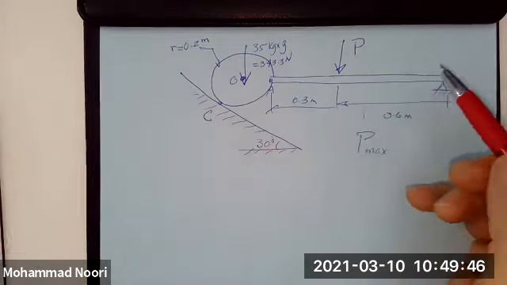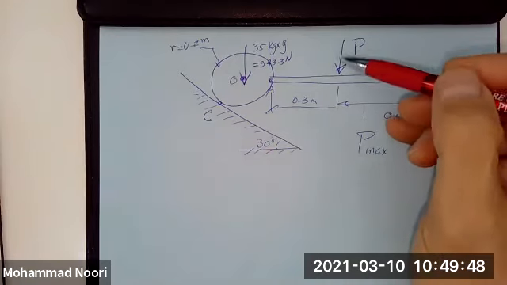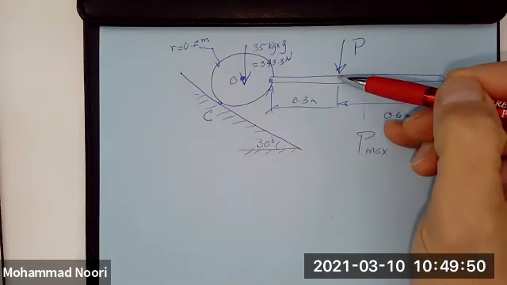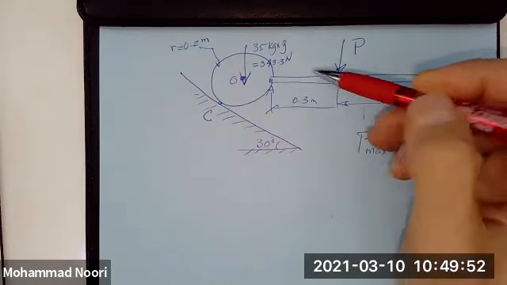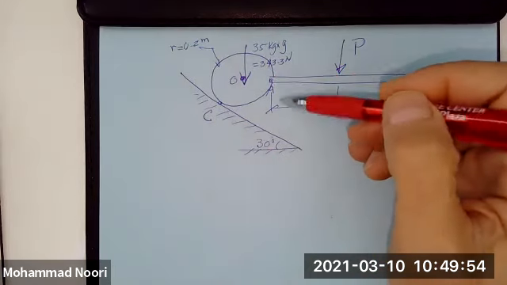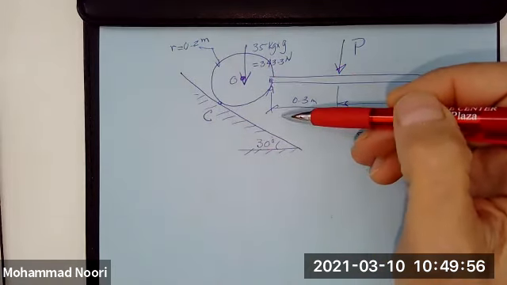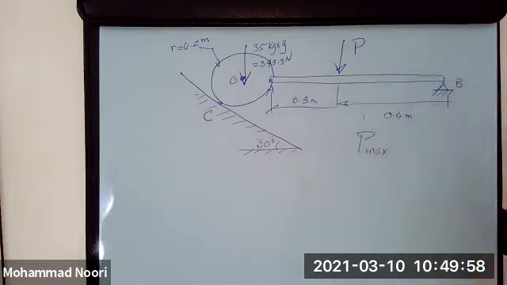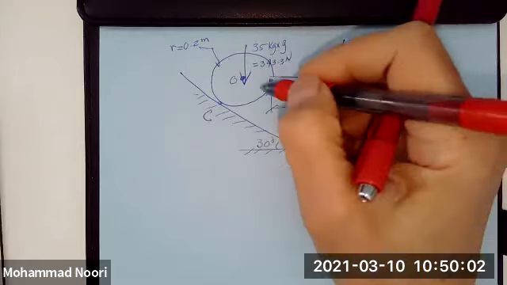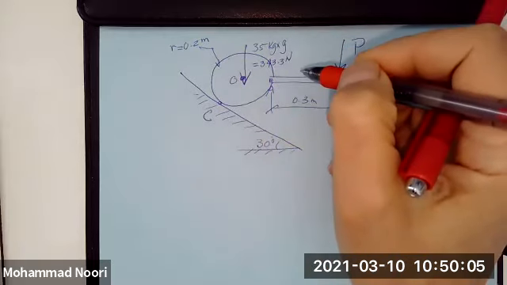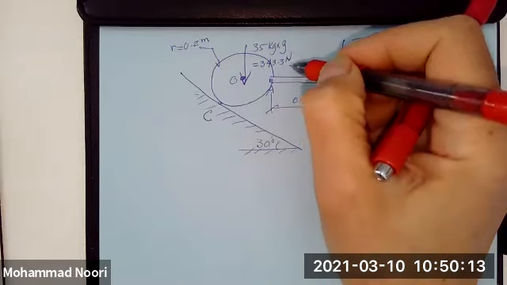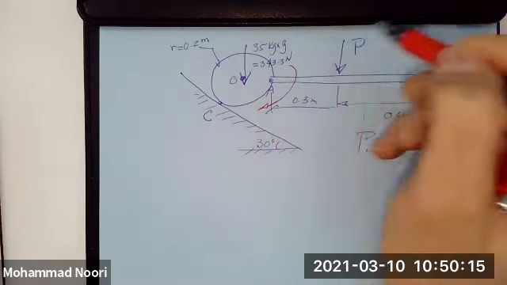So how does this work? Obviously, when you apply a load here, what happens? What direction is this disc going to rotate, clockwise or counterclockwise? Clockwise, so it's going to move in this direction.